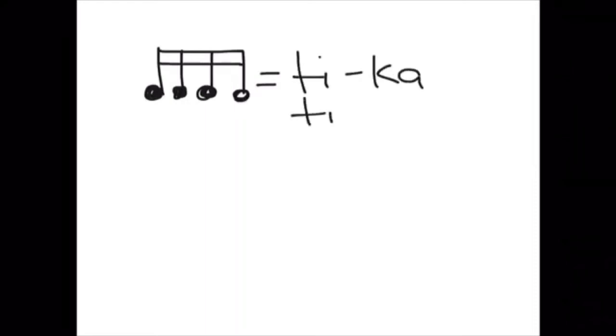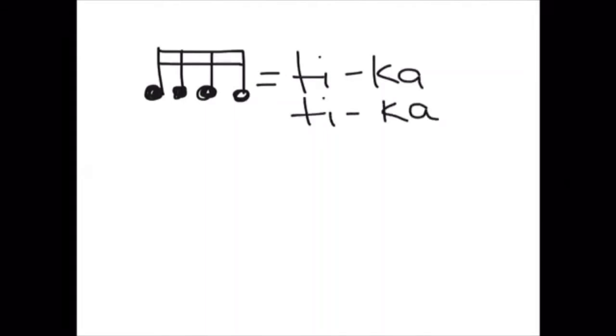If we want to show four sounds, we can use this musical symbol here, which are called 16th notes. So, for example, if we wanted to use a word that had 4 syllables, we would use that, and we say ticka, ticka.